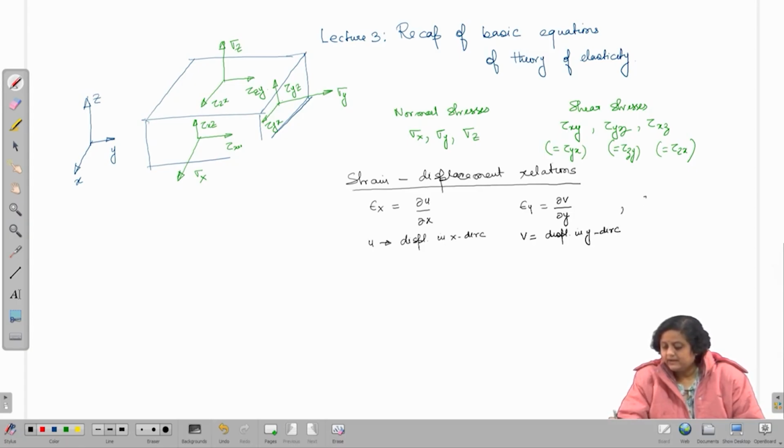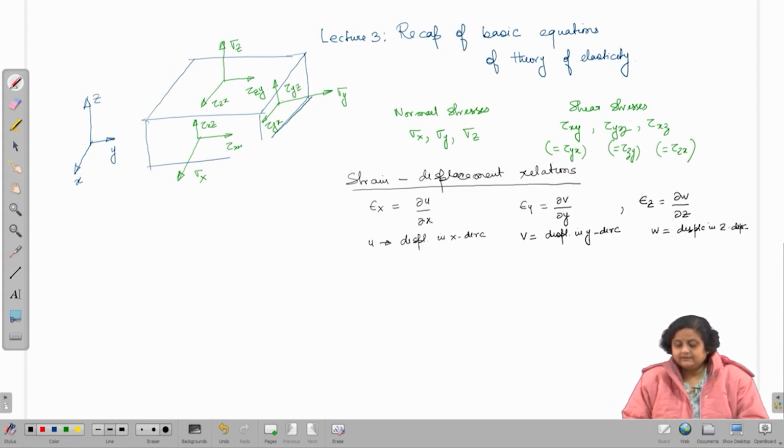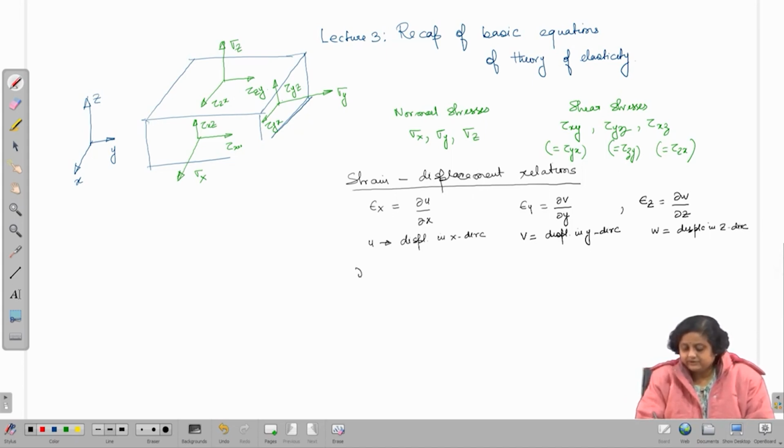And then we have epsilon z. So, these are the 3 normal strains.